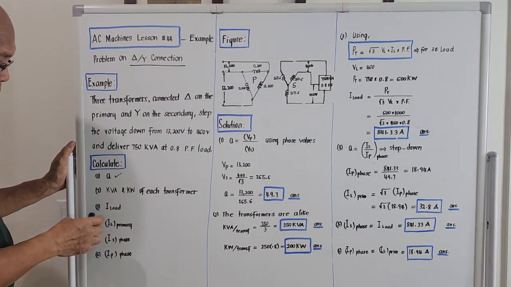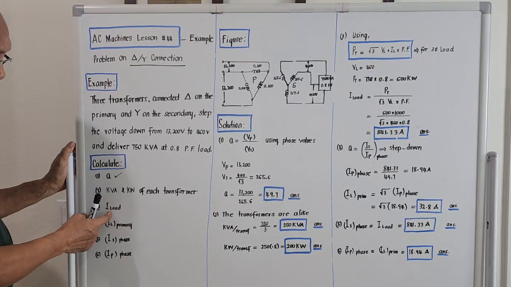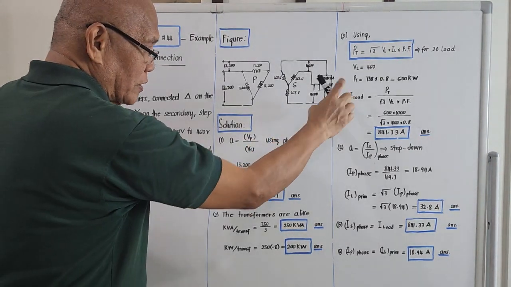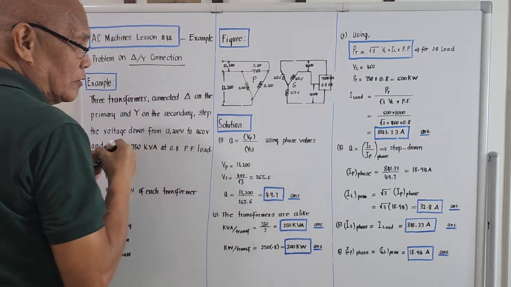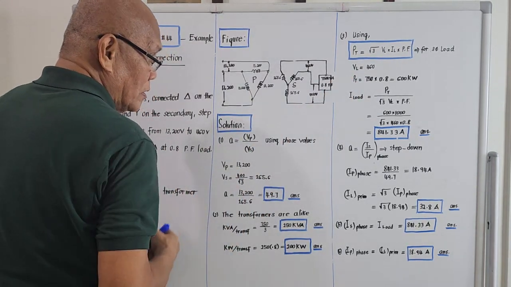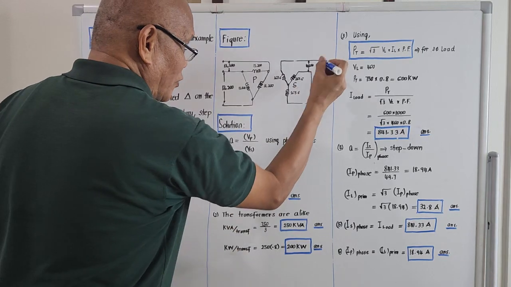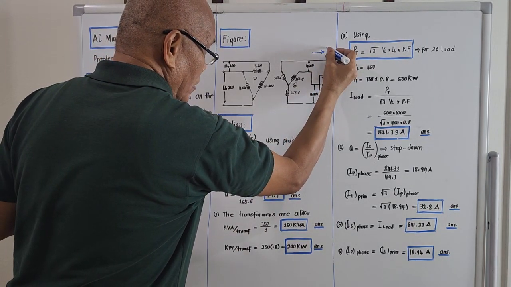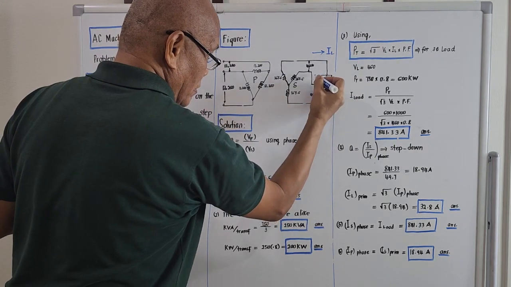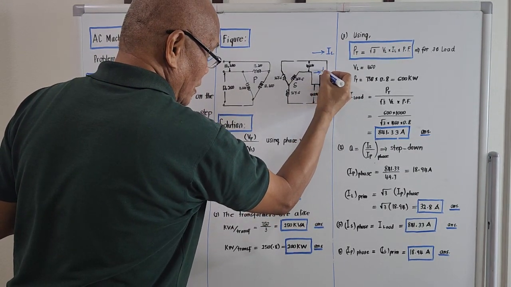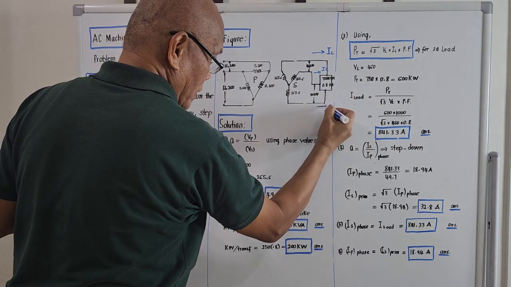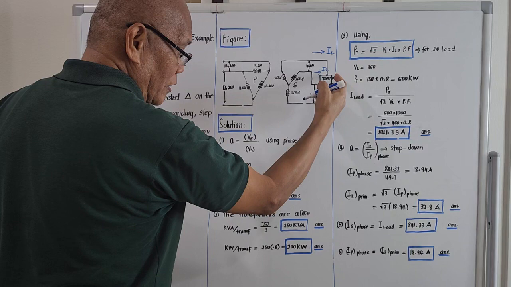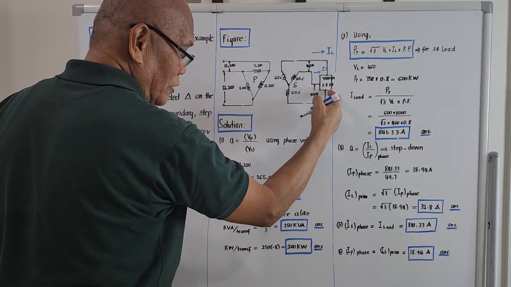Number 3, capital letter I with the subscript load, meaning the three-phase load on the secondary is balanced three-phase. The problem is asking what will be I sub L. The given load is 750 kVA, 0.8 power factor.